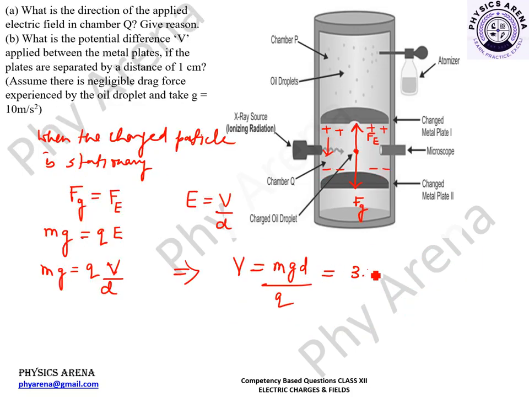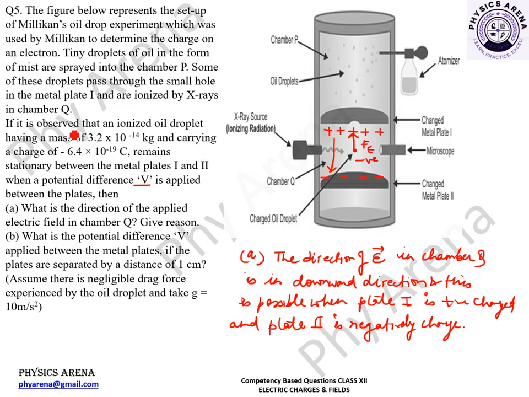So I can write 3.2 multiplied by 10 to the power minus 14. And g, it says that we need to take it as 10 meter per second square. The distance between the plates is 1 centimeter, that is 1 multiplied by 10 to the power minus 2 meters, divided by Q. And Q was given to us as minus 6.4 multiplied by 10 to the power minus 19.